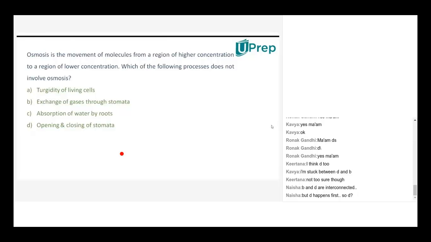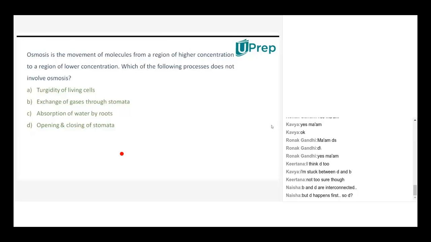Does not. Remember that word. So turgidity of living cells, absorption of water by roots, opening and closing of stomata, all these processes involve osmosis, except exchange of gases through stomata. Then the answer would be B, definitely B.